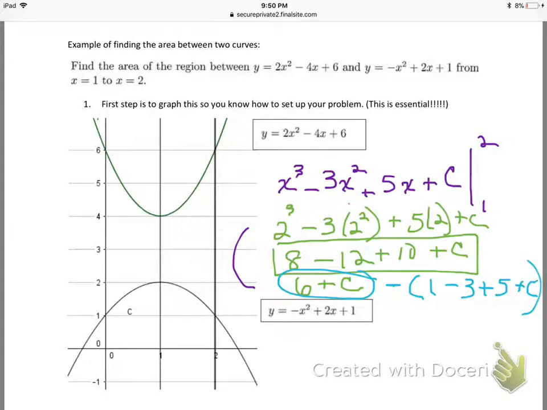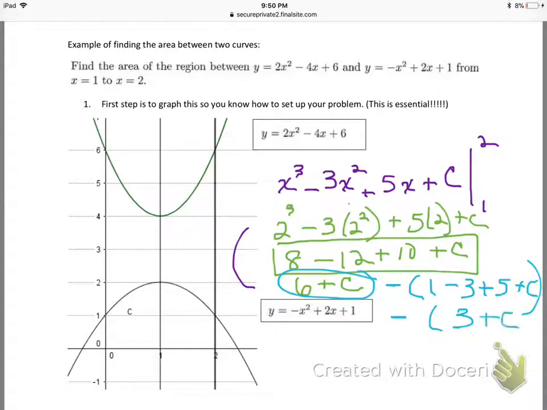Okay, so what do we have here? 1 minus 3 is a negative 2, plus 5 gives me what? A positive 3. Okay, so I have a positive 3 here, but look what's happening. And this is also plus c, so we'll put the plus c right here.